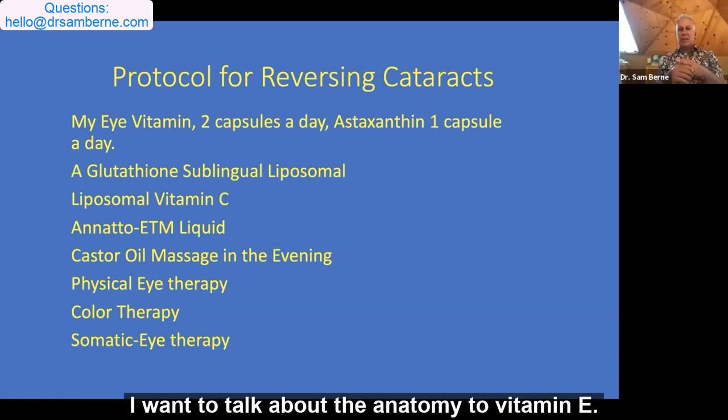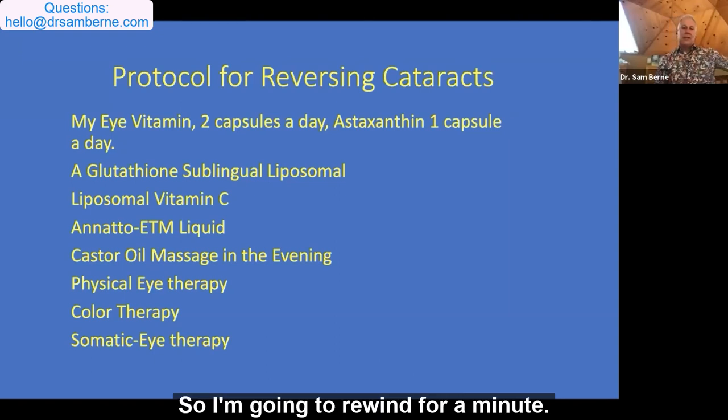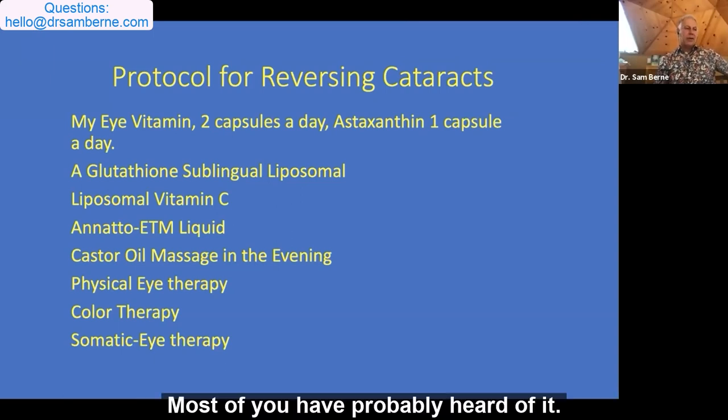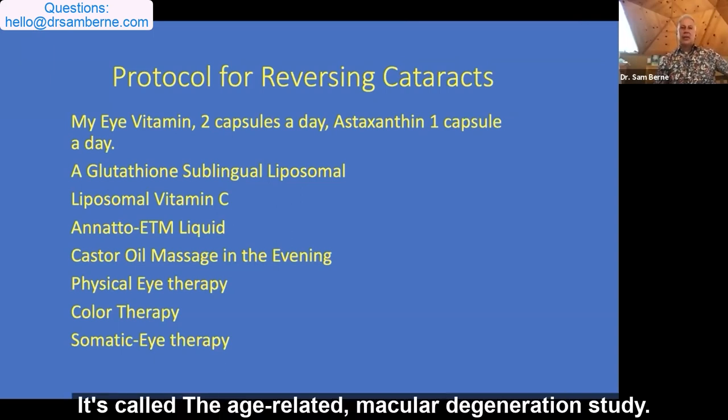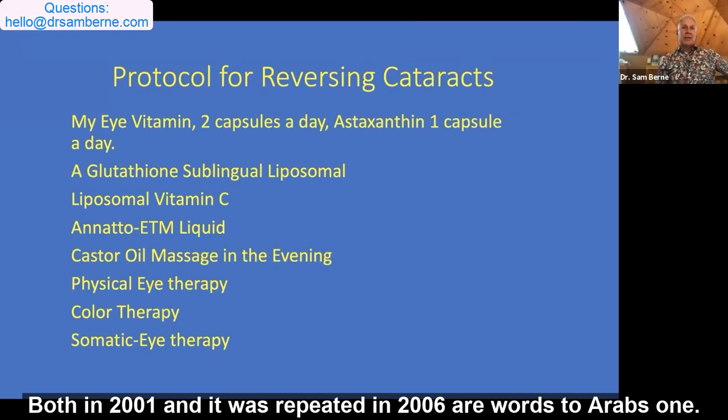Now, I want to talk about the annatto vitamin E. So I'm going to rewind for a minute. I'm going to talk about a study that was done by the NIH. Most of you have probably heard of it. It's called the Age-Related Macular Degeneration Study that was done in 2001 and then repeated in 2006, AREDS 1 and AREDS 2.